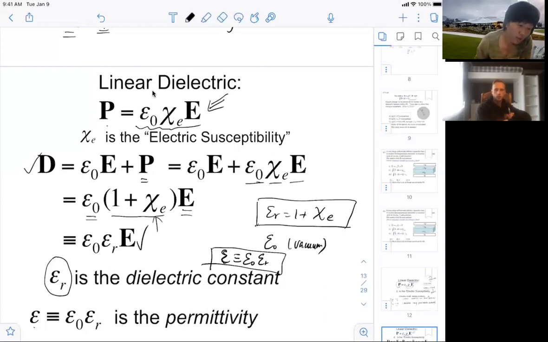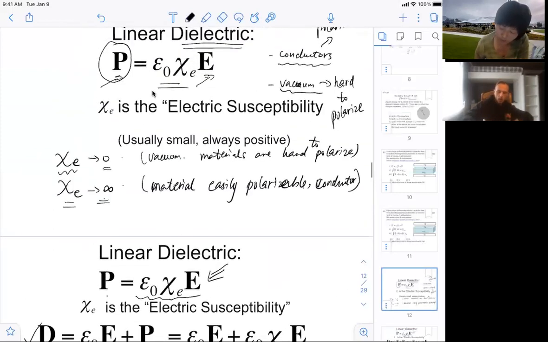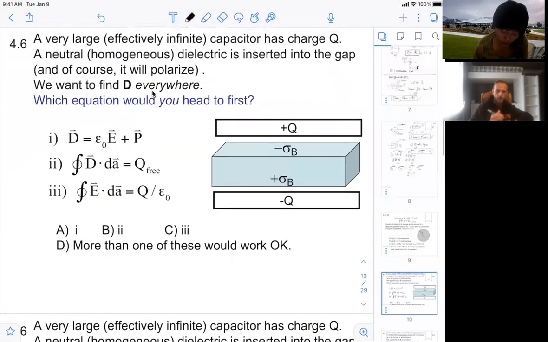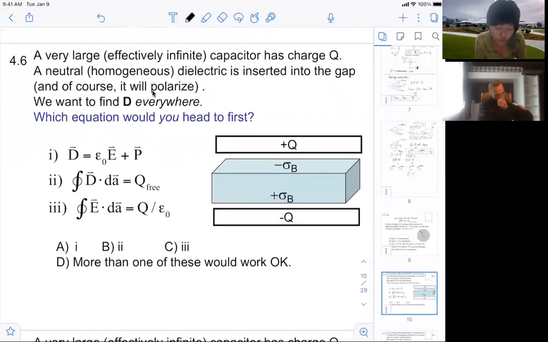All right, let's go ahead and solve more problems. Now we are ready to use this to solve more problems. Here is one of them. We have a parallel plate capacitor with positive Q on one plate and negative Q on the other.